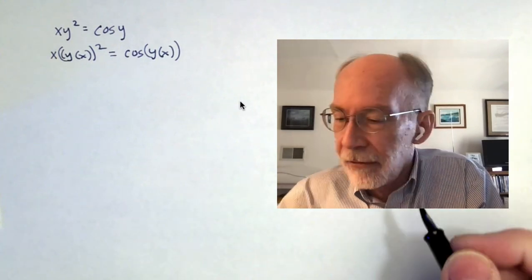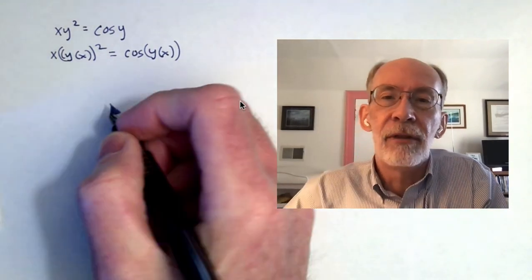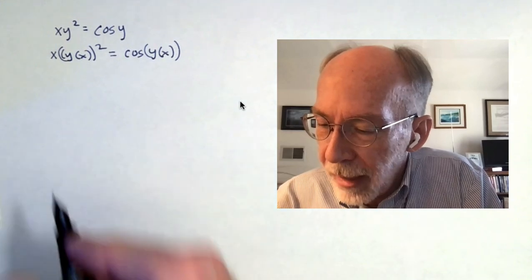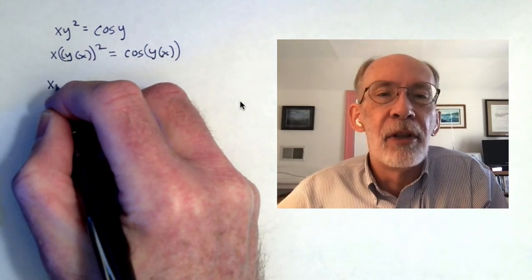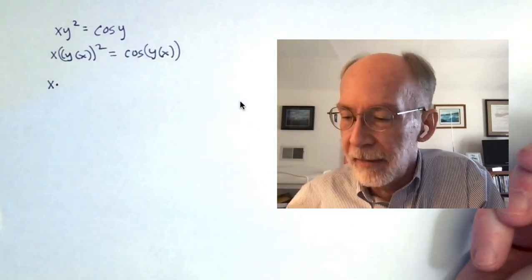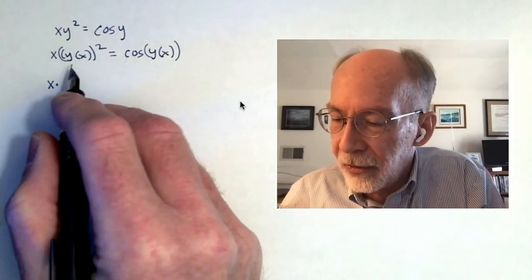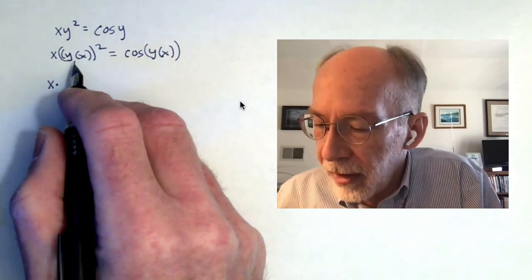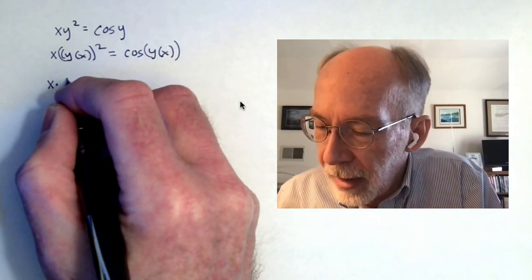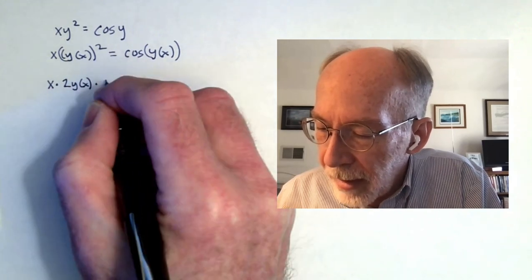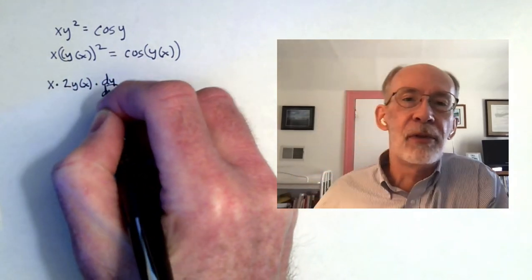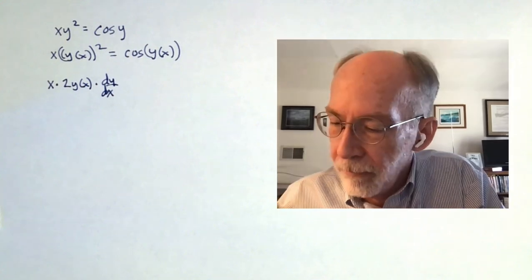So on the left-hand side, we have a product. So its derivative is going to be the first factor times the derivative of the second factor. Now, that's y squared, where y is some function. So I differentiate the square, I get 2 times whatever's inside. Then I have to multiply by the derivative of whatever was inside, and we're calling that dy/dx.